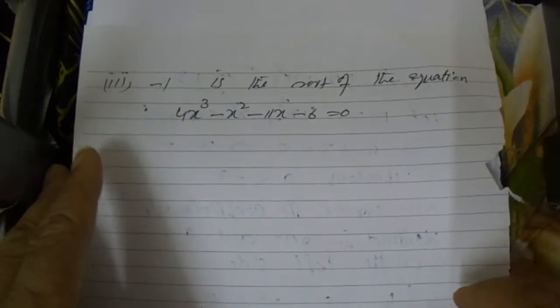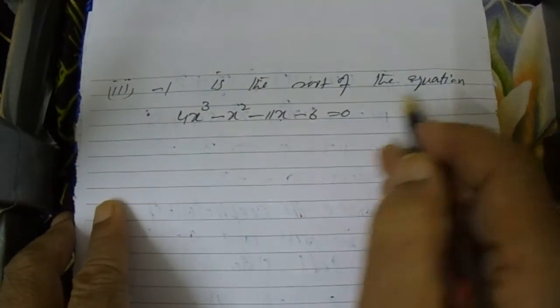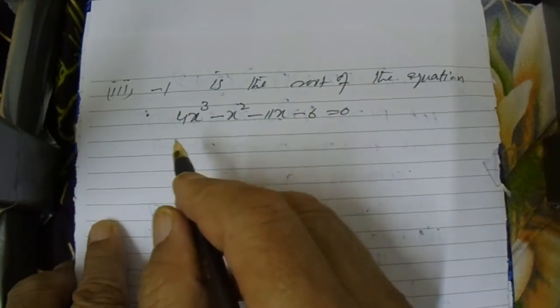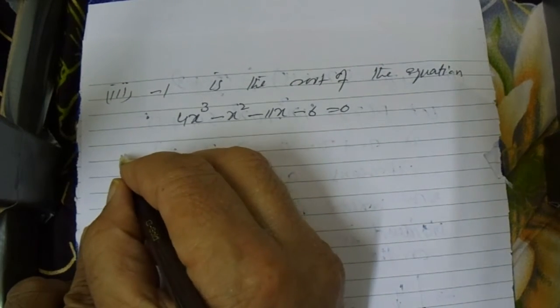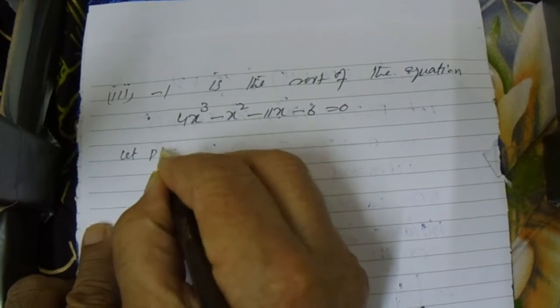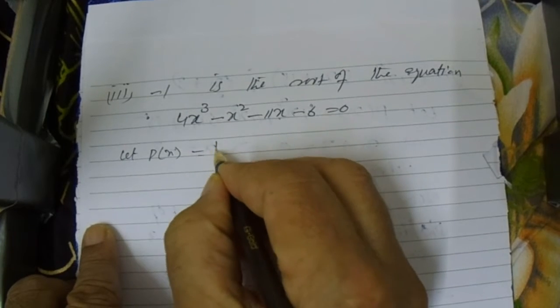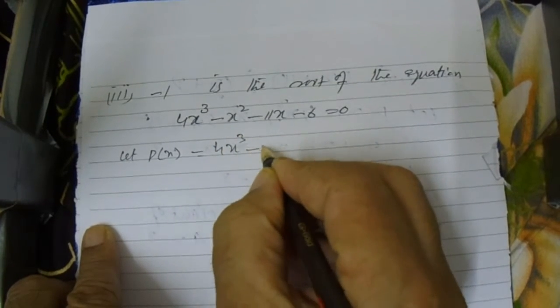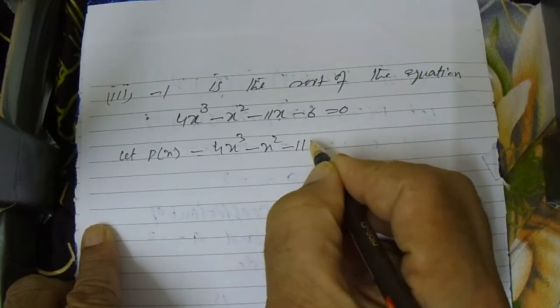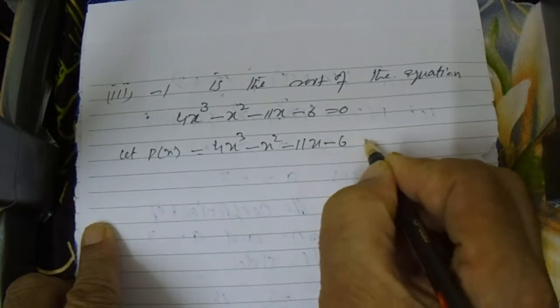Now we write the third part of this. Minus 1 is the root of the equation, and the equation is given here, and let p(x) is equal to 4x cube minus x square minus 11x minus 6.